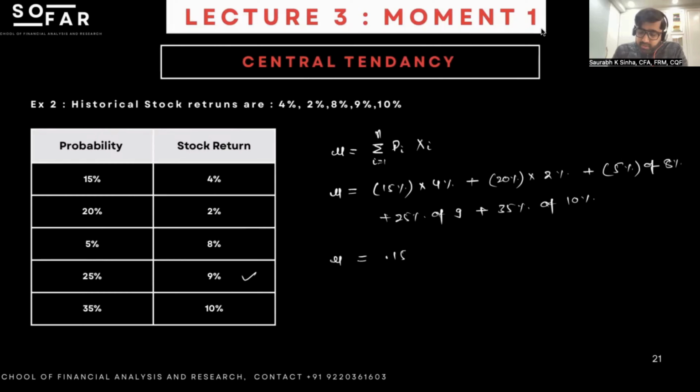So you will do 0.15 into 4 plus 0.20 into 2 plus 0.05 into 8 plus 0.25 into 9 plus 0.35 into 10. You can solve this question.